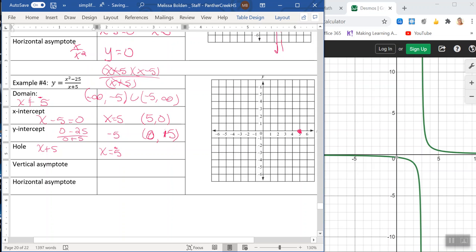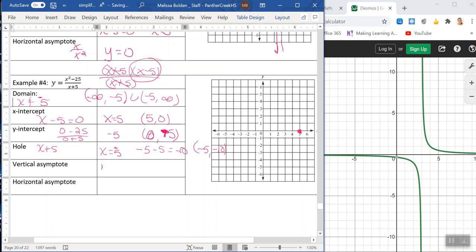No, there's two different points. This is a y value. This is an x value. So we have a hole at x equals negative 5, and to find the y coordinate of that hole, we go back to the factored equation. So that's going to be negative 5 minus 5, negative 10. So my hole is at negative 5, negative 10, which we cannot show on this graph.